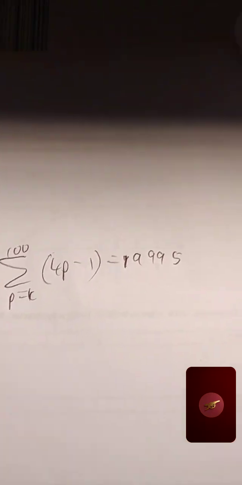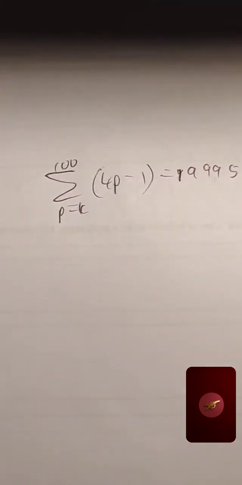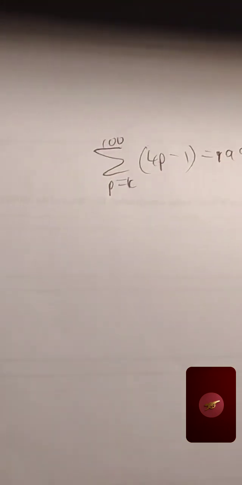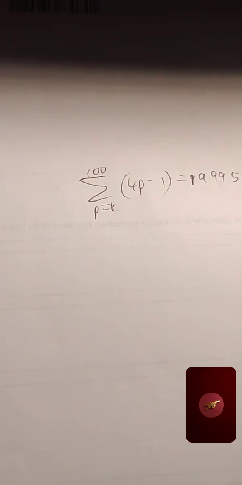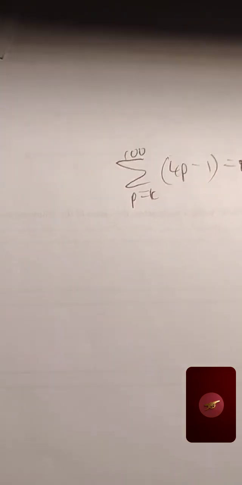So in place of p we multiply by k. Yes, exactly. And after multiplying by k to get the first term, what are you going to do to get the second term? I think 2k. You're going to multiply by 2.